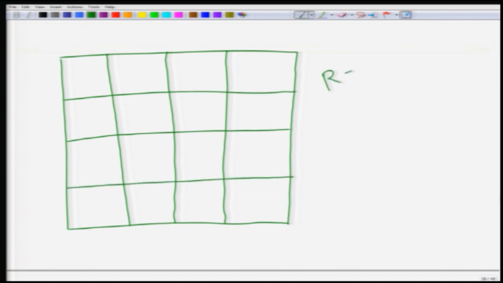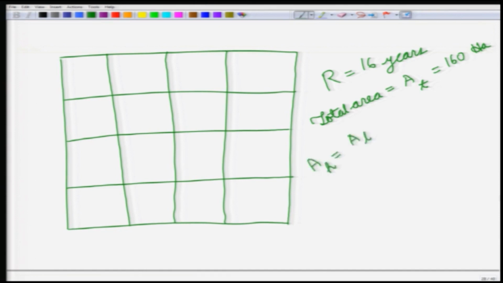So, R is 16 years and the total area is equal to A total. Say for sake of simplicity that this is 160 hectares. Area to be harvested will be given by the total area divided by R, which is 160 hectares divided by 16 years, is 10 hectares every year.